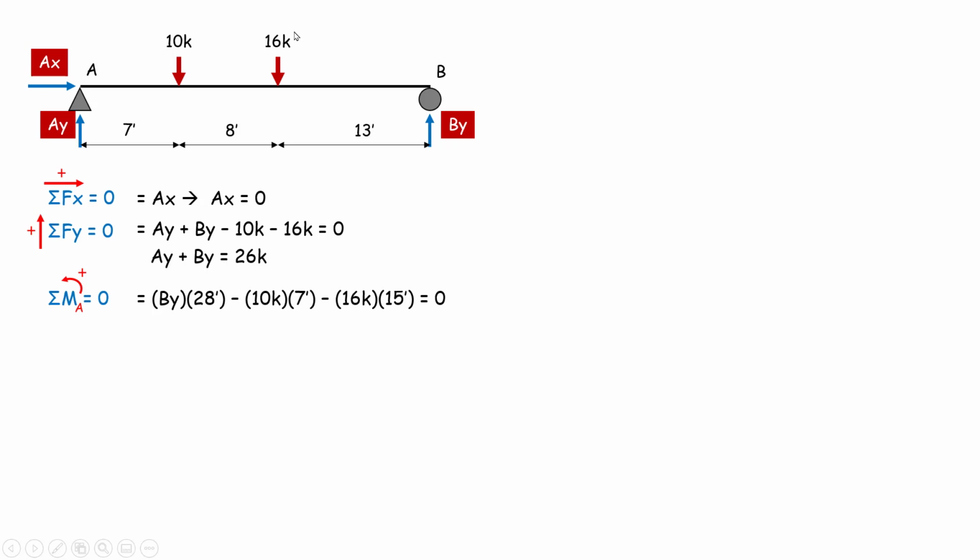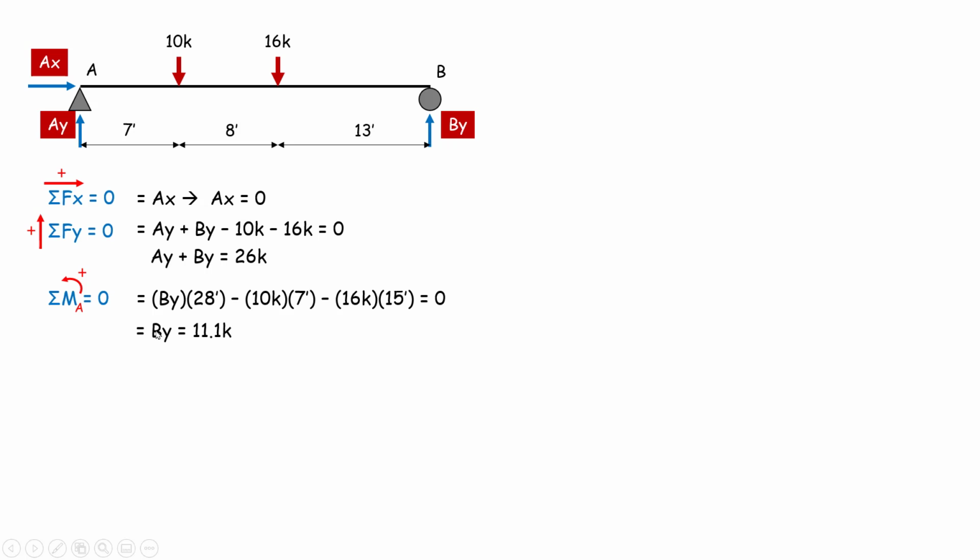Similarly, we have 16 multiplied by the distance, 7 plus 8, which is going to be 15, and the sign over here is also clockwise, while the positive side we selected is counterclockwise, so that is negative.